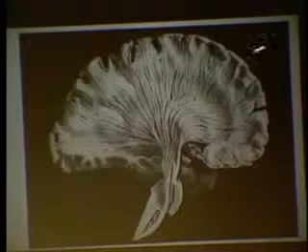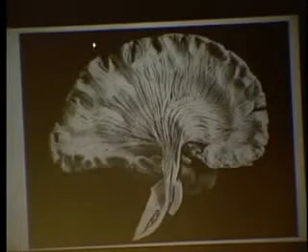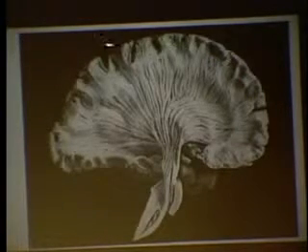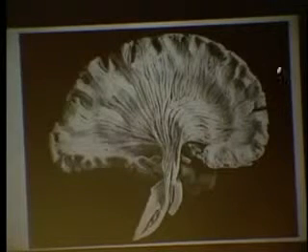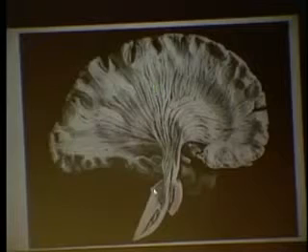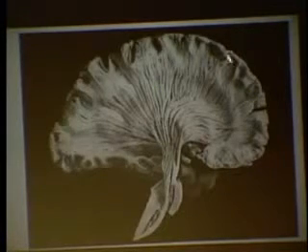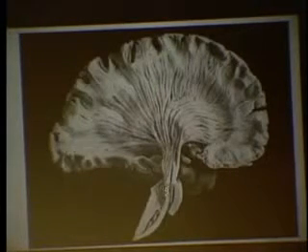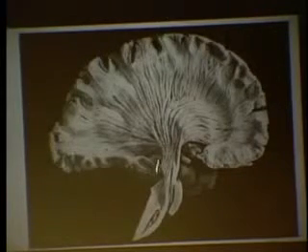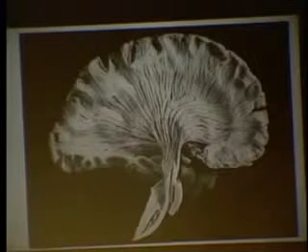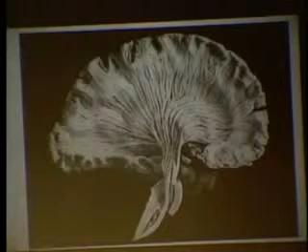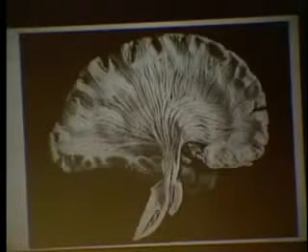Now, we have fibers that are originating up here in the motor cortex, and they're coming down. What do we call them? What's the tract coming down? Corticospinal and corticobulbar. Now I want to follow the corticobulbar. Where are they going in general?